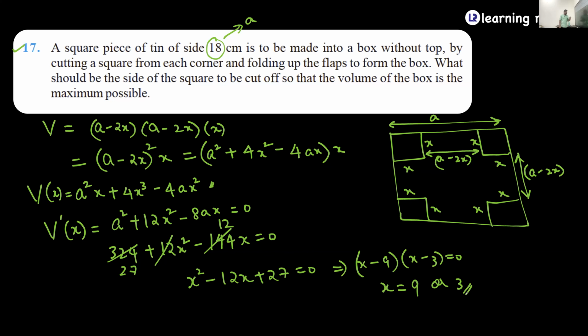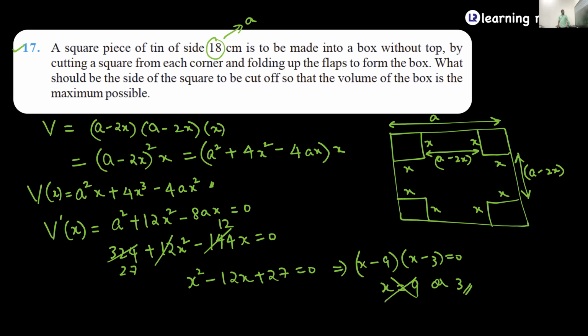But x equal to 9 is not possible actually, because A minus 2x, 18 minus 2 into 9, means it will be 0. You cannot do that. So 9 is not possible. So 3 will be the only option, right?